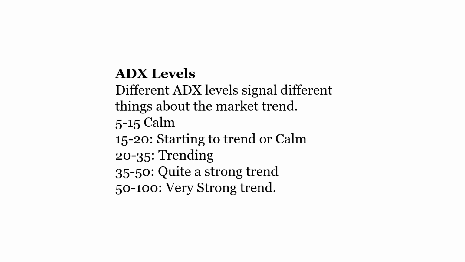Between 20 to 35, the market will start trending. You'll see some real trends with a noticeable slope setting in. But between 35 to 50, there's quite a strong trend. And you'll be able to easily identify the direction of the trend. And between 50 to 100, there's a very strong trend. Here are where the extreme readings are, and they're not spotted very often. However, in volatile pairs, you'll find that high readings occur more often.